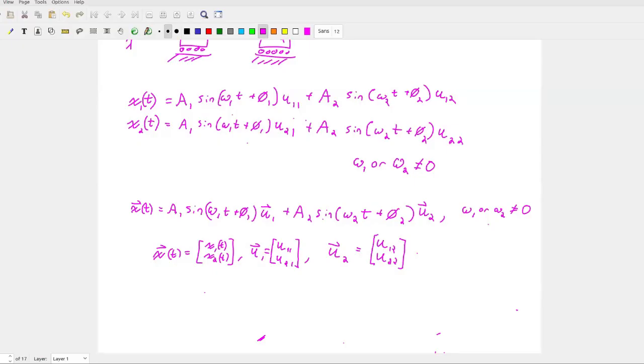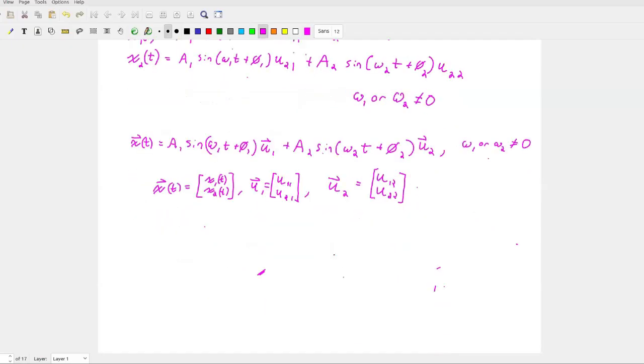So it's not one mass moving at omega 1 and one mass moving at omega 2. It's both masses moving at the frequencies of omega 1 and omega 2. And you can see that if you were to set A1 equal to 0, well, we'll do that later. Let's not get off on a tangent there.